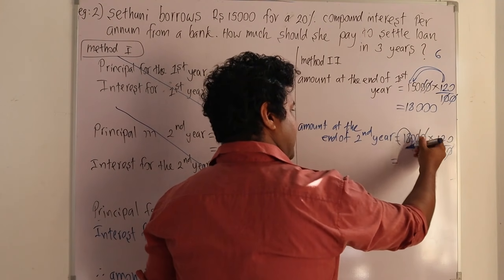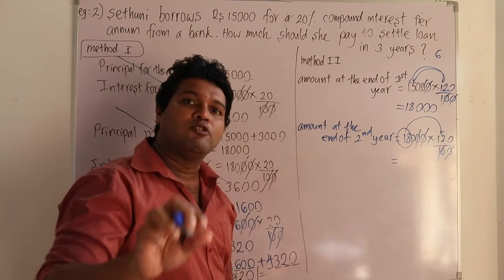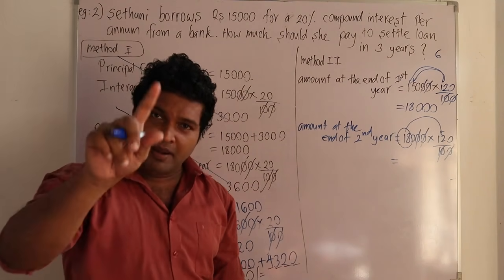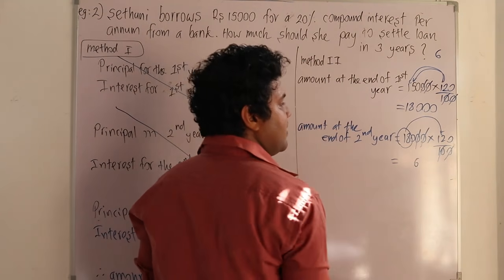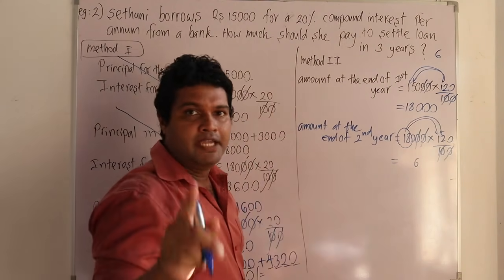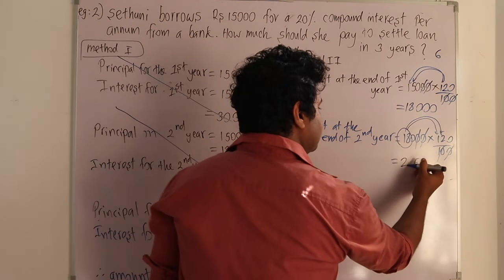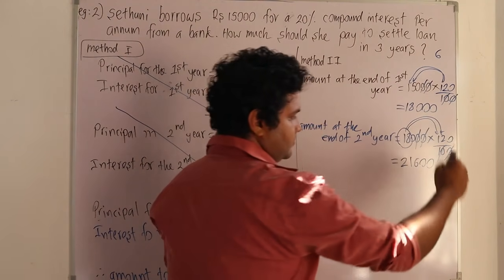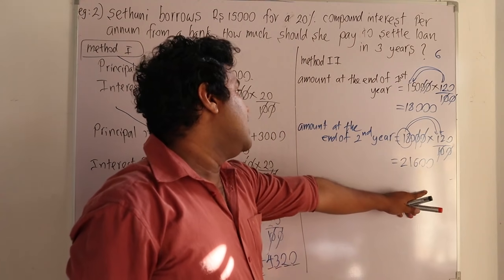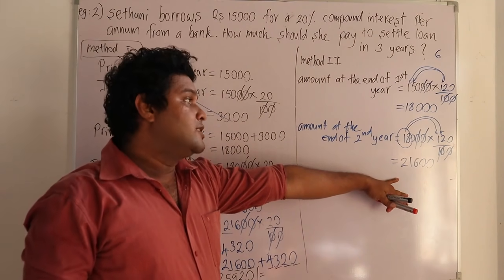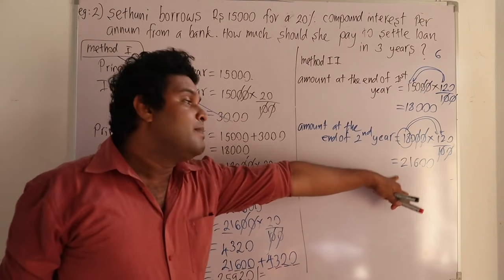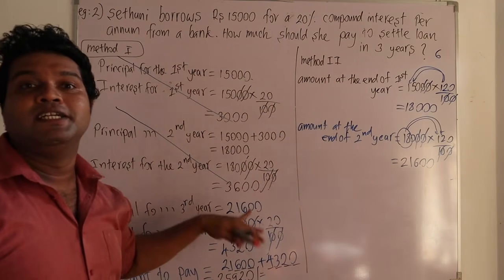I think 18 times is better. 18 times 2. You can just suppose 18 times 2, not 18 times 7, 18 times 2 is easy. 18 times 2, 36. 3 remaining. 18 times 1, 18. That 3, 21. And 2 zeros. It is 21,600. This is the amount at the end of the 2nd year as well as the balance forward to the 3rd year, the principal of the 3rd year.